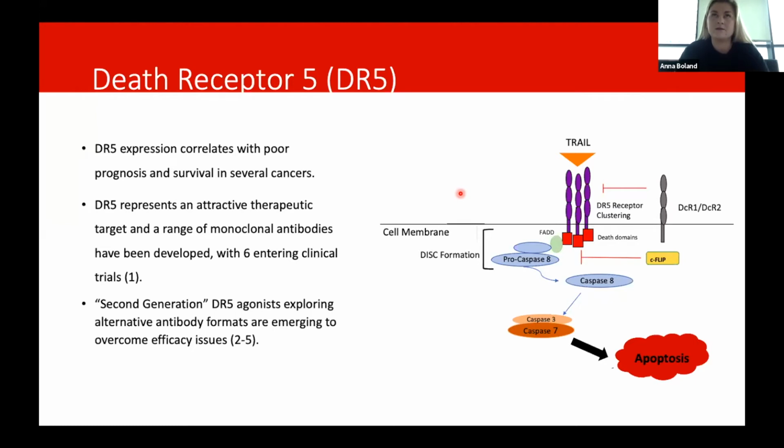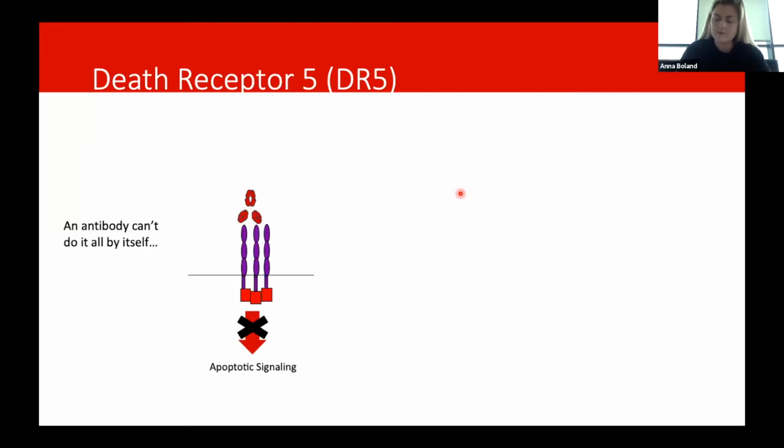So now these so-called second generation DR5 agonists are exploring alternative antibody formats to try to overcome these efficacy issues. I suppose the efficacy issue can be boiled down to the fact that a traditional antibody is bivalent and the active signaling unit for DR5 is the oligomerized receptor. So in essence, it's very hard for something that can only bind 2 sites to bring more than 2 sites together.